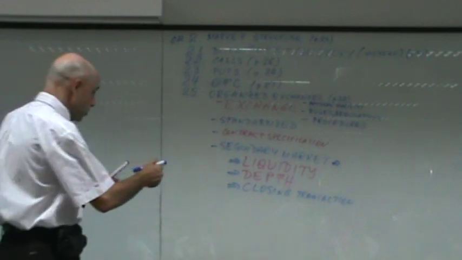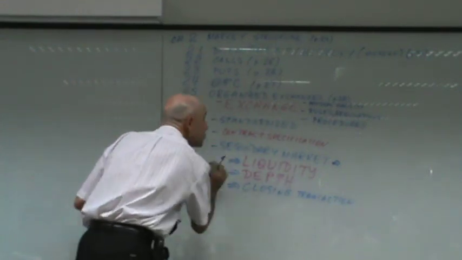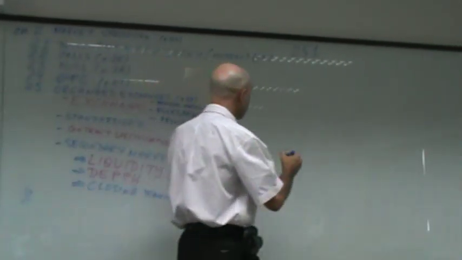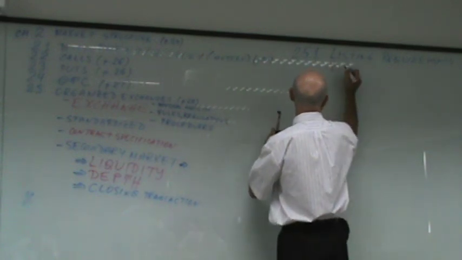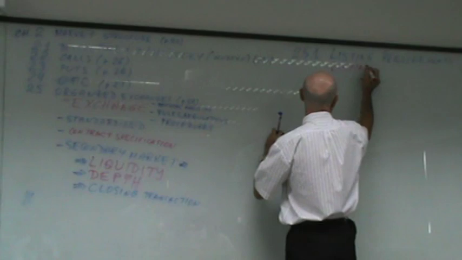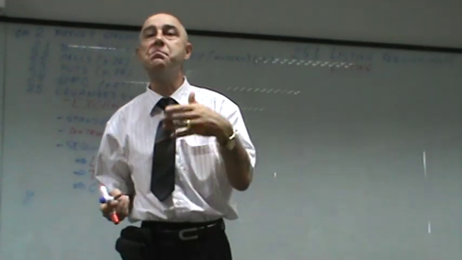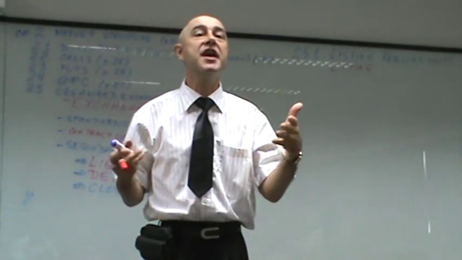All right, let's do here. So, as part of the organized exchanges, the first one is listing requirements. Listing means the ability to trade on the exchange.